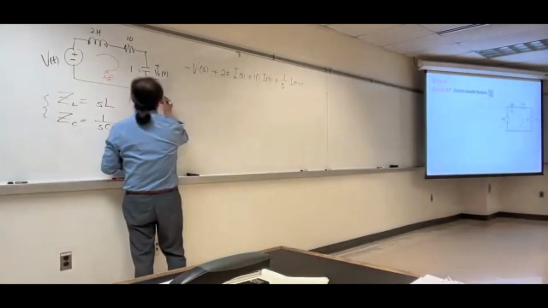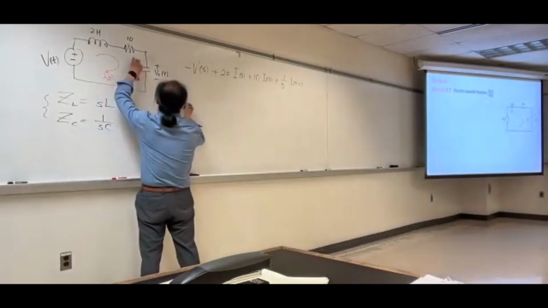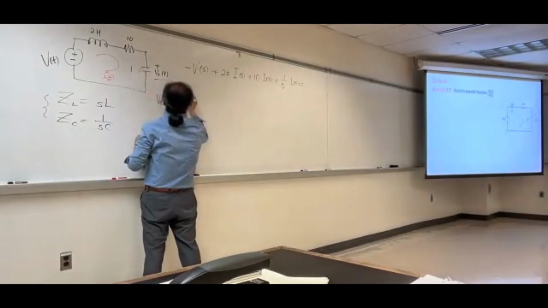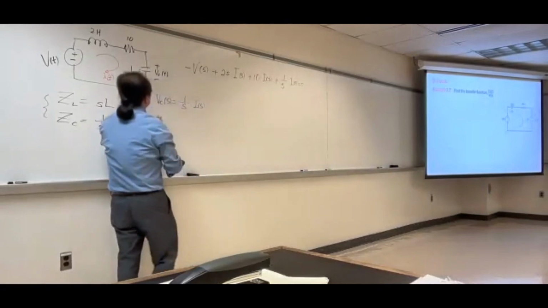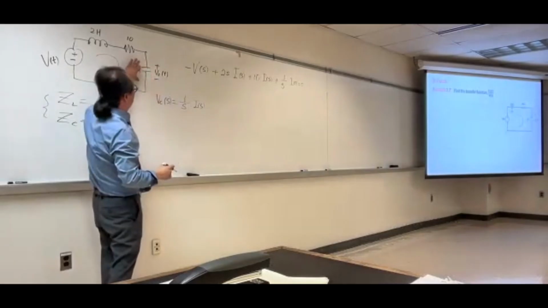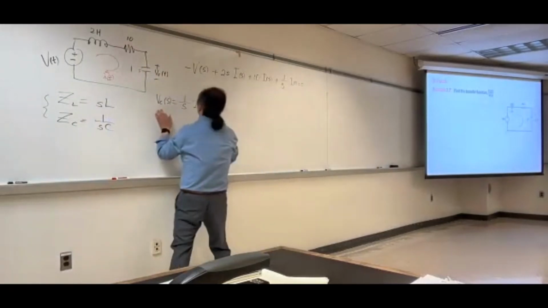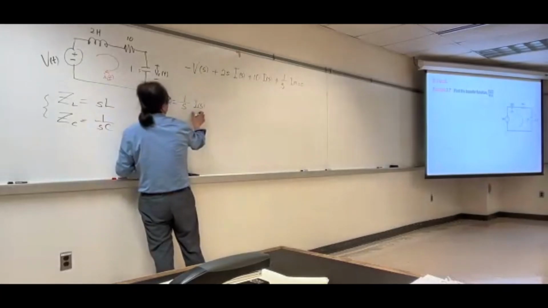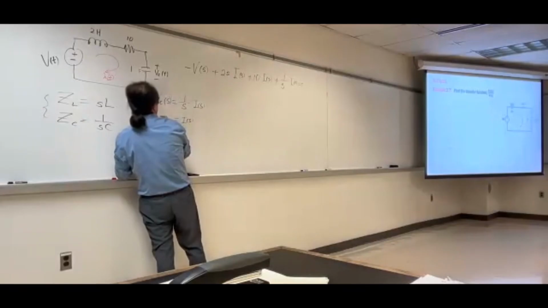We need to have Vc. But we know Vc(s) equals Z times I, right? So 1 over S times I(s). That's the voltage across this capacitor. This whole thing is Vc(s). And also from here, we can say I(s) equals S times Vc(s).